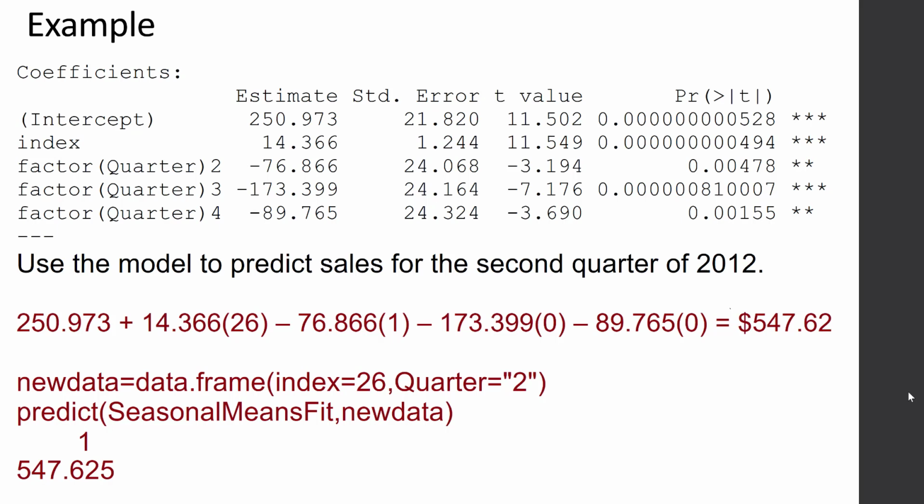Notice that the index equaling 26 is not in quotes and quarter is in quotes, and that's because quarter is a categorical variable. Then you use the predict function based on your fitted model, seasonal means fit is what we called ours, comma, the new data for prediction, and you get basically the same number out that we did when computing it by hand.